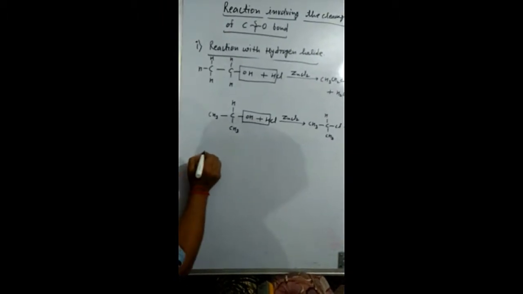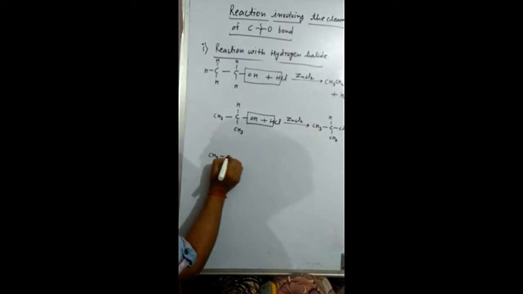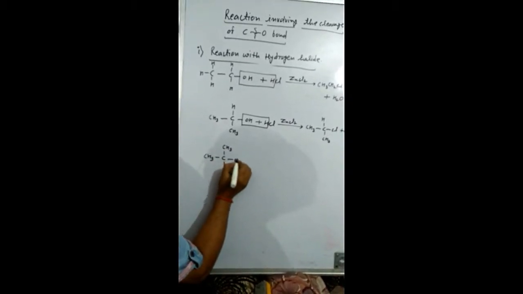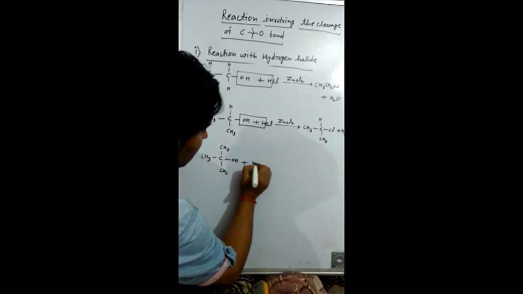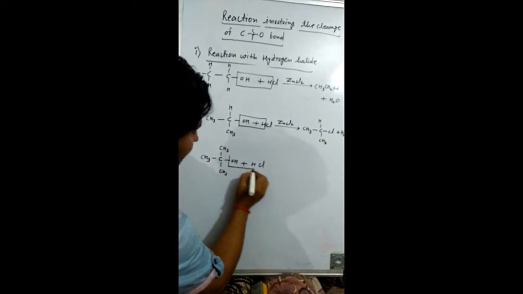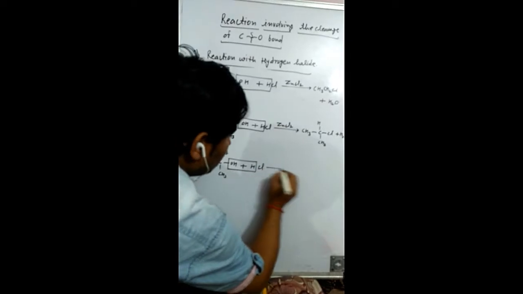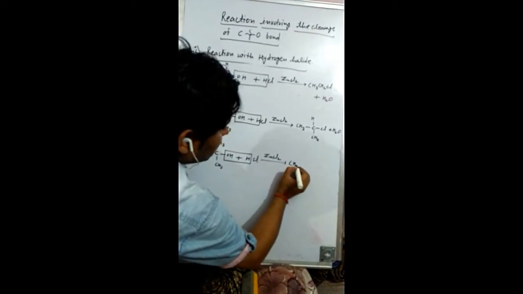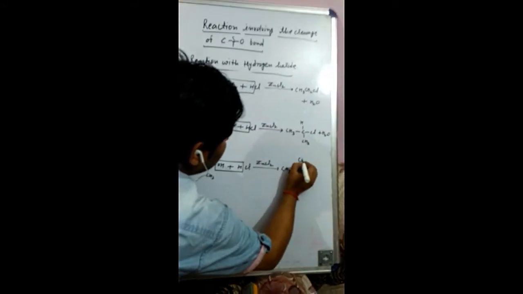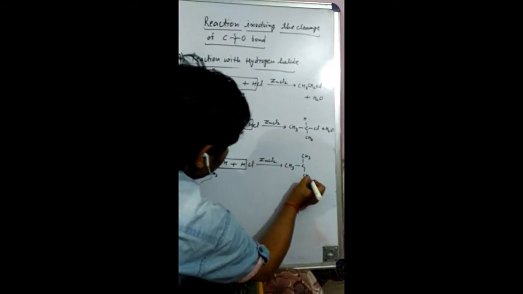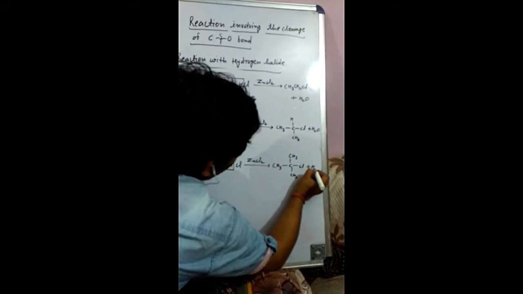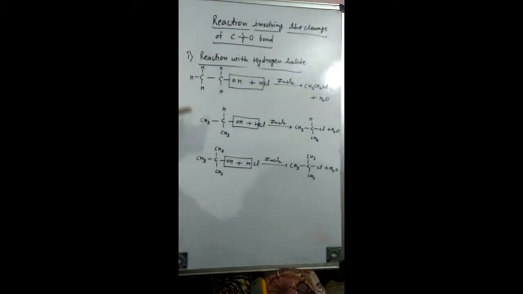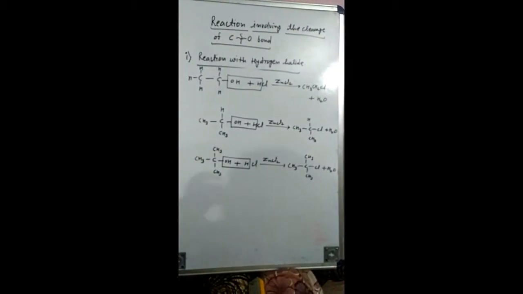Suppose I have taken tertiary alcohol, so this is CH3 single bond C, CH3, CH3, OH plus HCl. This OH and H react to give us H2O. In the presence of ZnCl2, we are getting CH3 single bond C, CH3, CH3, Cl plus H2O. So those are the simple examples for primary, secondary and tertiary alcohol.